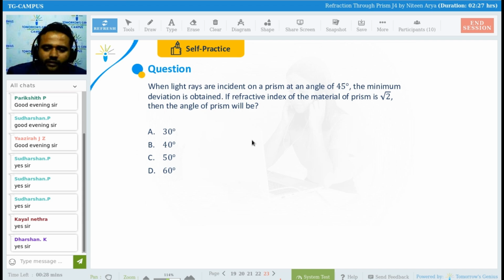the minimum deviation is obtained. If the refractive index of the material of the prism is root 2, then the angle of prism will be? You need to find the angle of prism. Very easy.